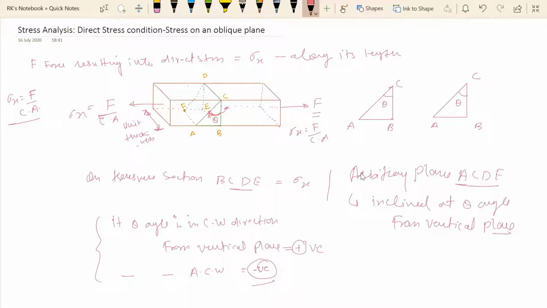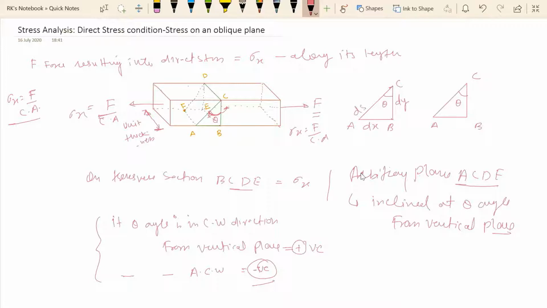Let's consider that BC has length dy and AB is dx, and perpendicular to this paper the thickness of this prismatic component is unit. Let's consider the length of AC to be ds.